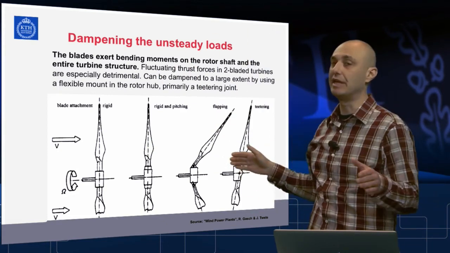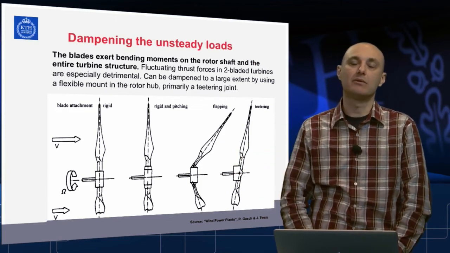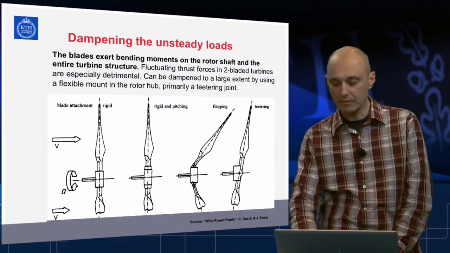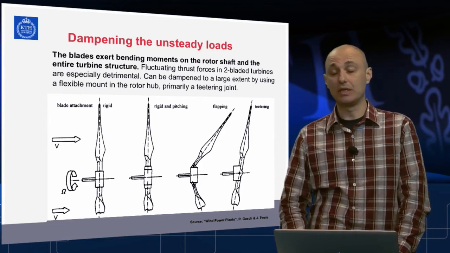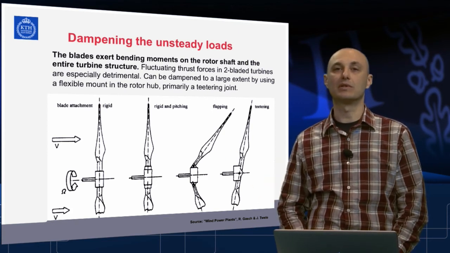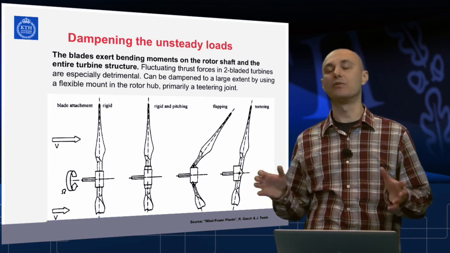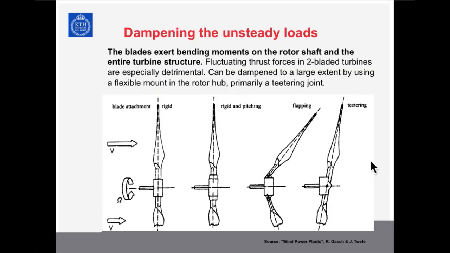This is simply explained with common mechanical theory. Now, if you start yawing, this also exerts stochastic forces, a variation, a jerking force on the whole rotor. The way to deal with this is to have dampening arrangements, mechanical dampening in the hub.